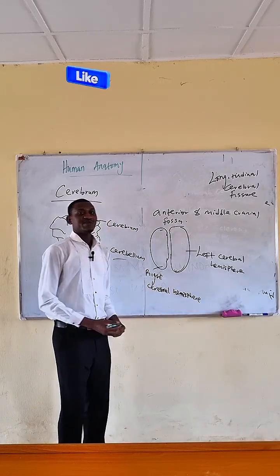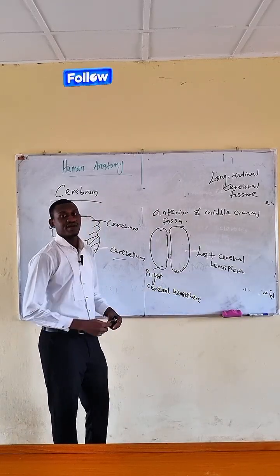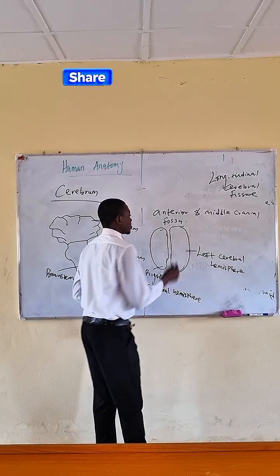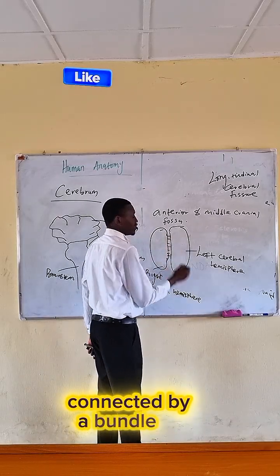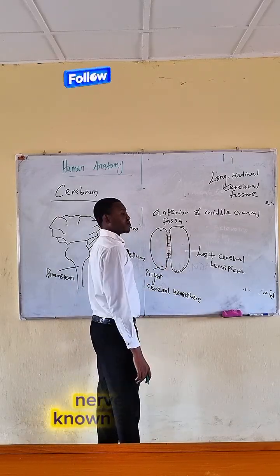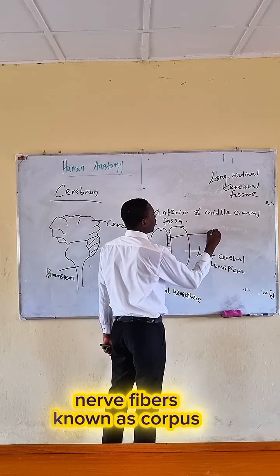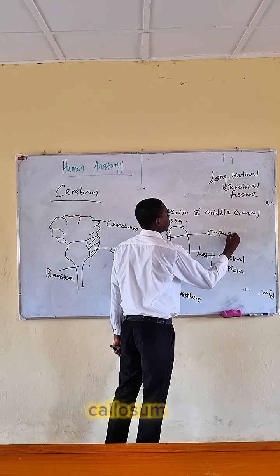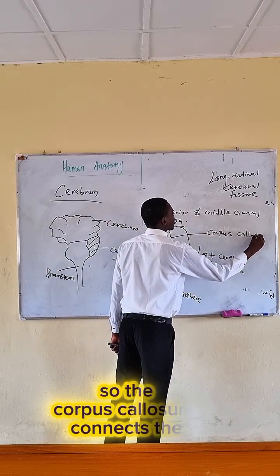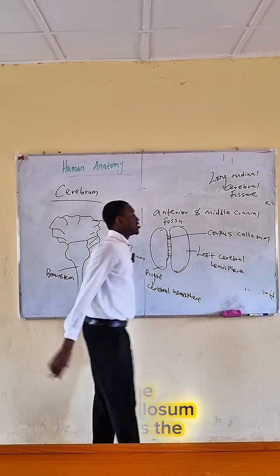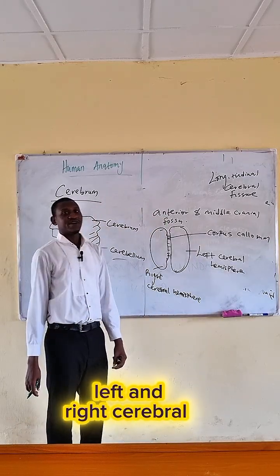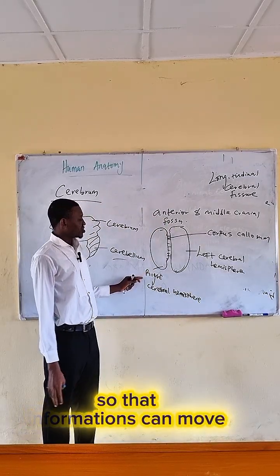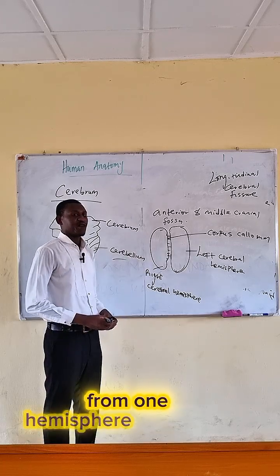The left and right hemispheres of the cerebrum are connected by a bundle of nerve fibers known as the corpus callosum. So the corpus callosum connects the left and right cerebral hemispheres, so that information can move from one hemisphere to another.